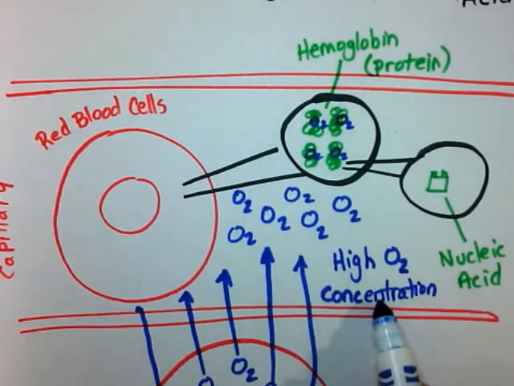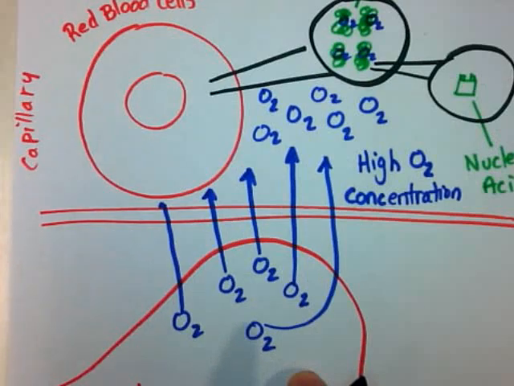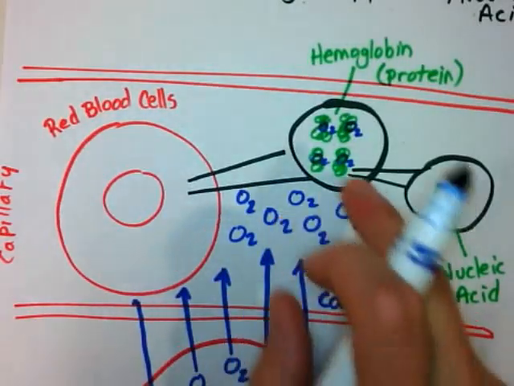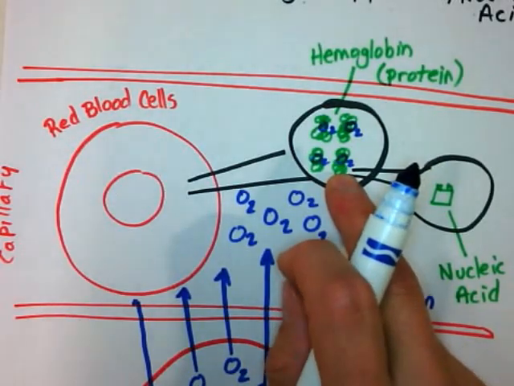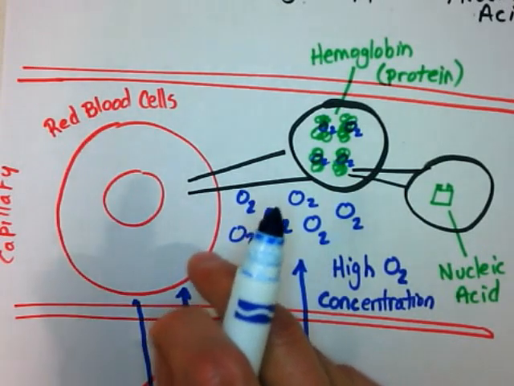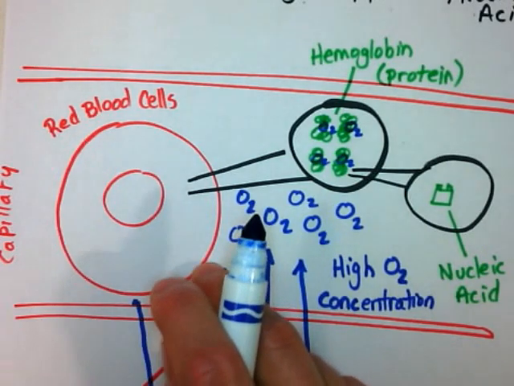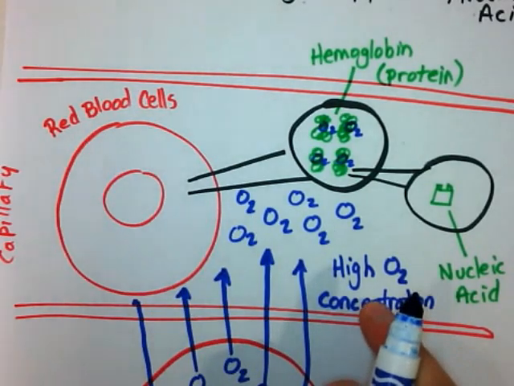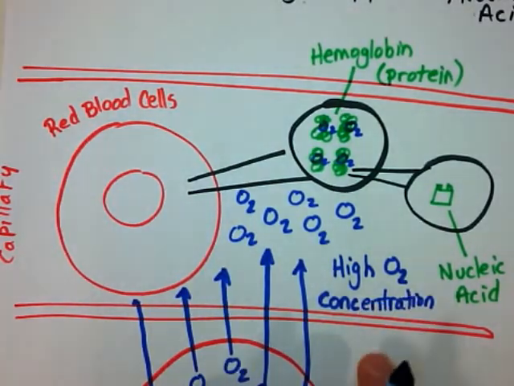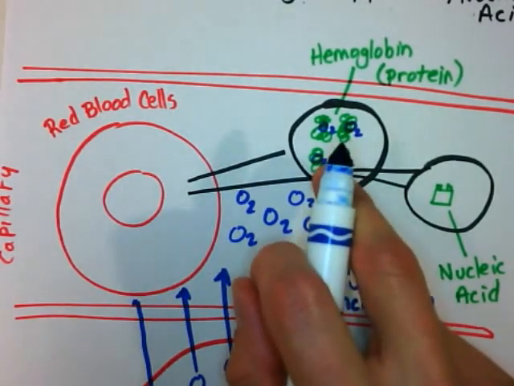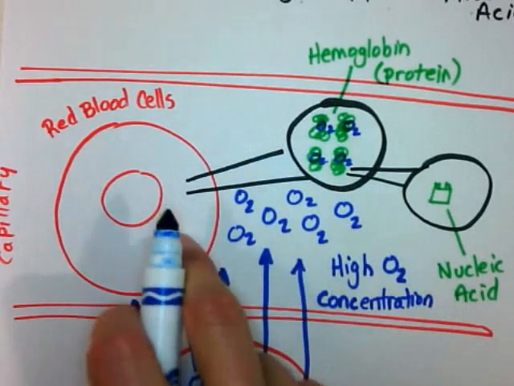If there is not enough oxygen from the alveoli or the lung to make it into the capillary, hemoglobin will not take in oxygen. And this red blood cell will have very little oxygen to bring to the cells. That is very important to remember. You need high oxygen concentration to get oxygen into the hemoglobin, which is inside the red blood cells.